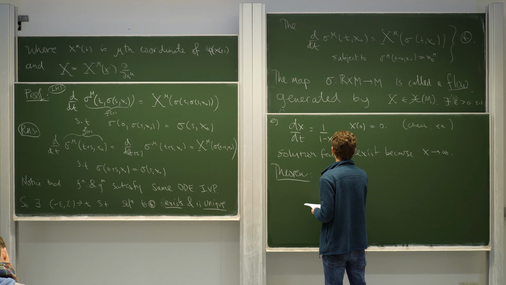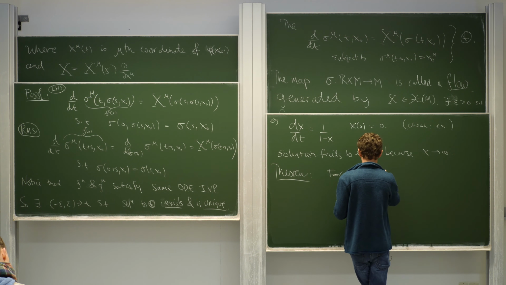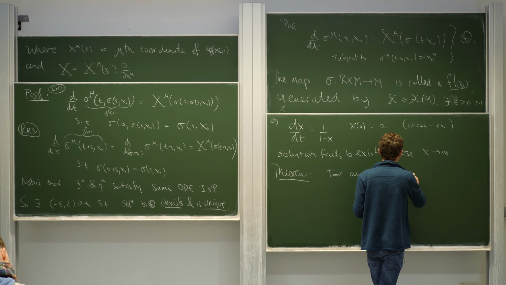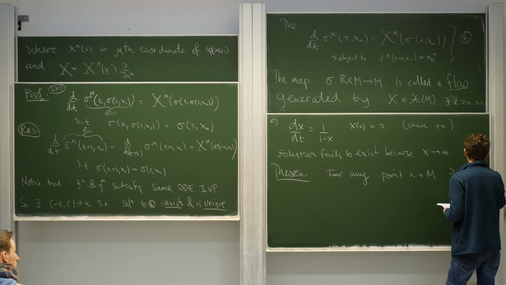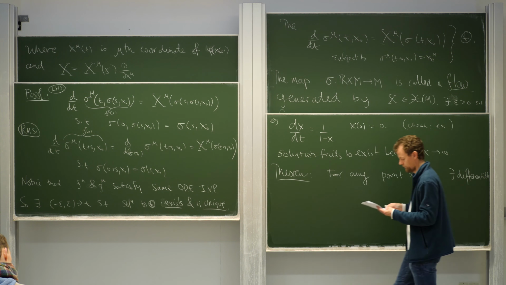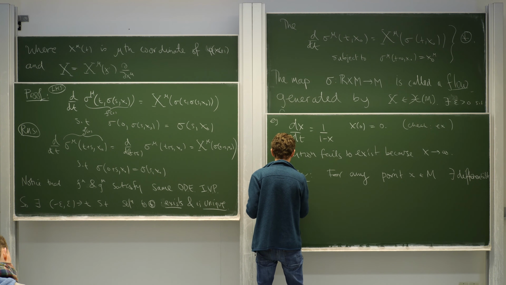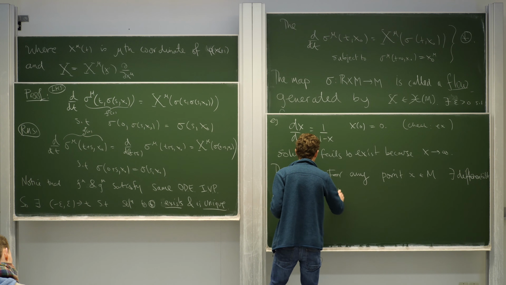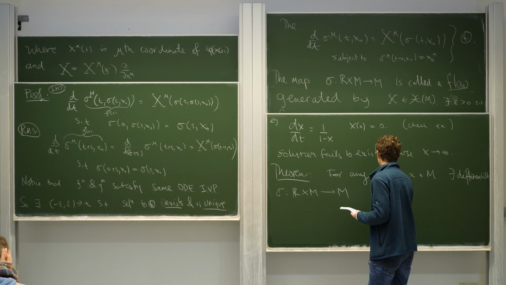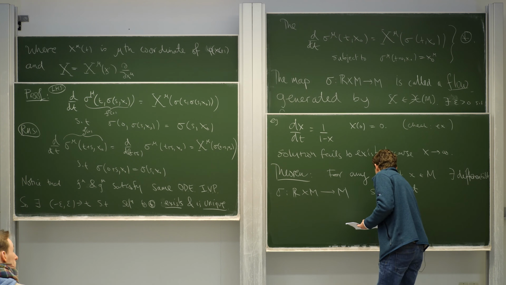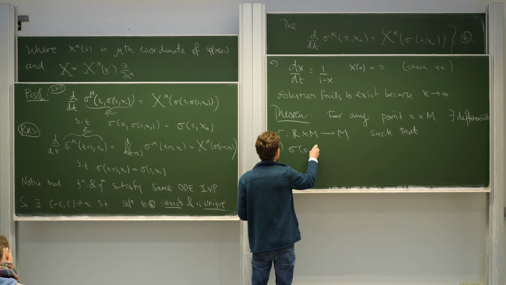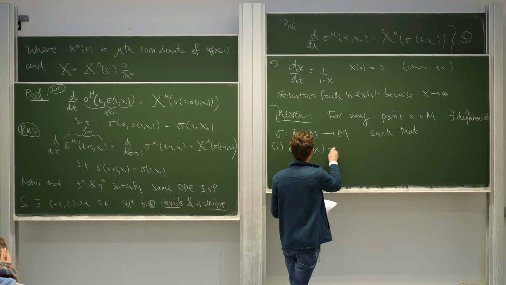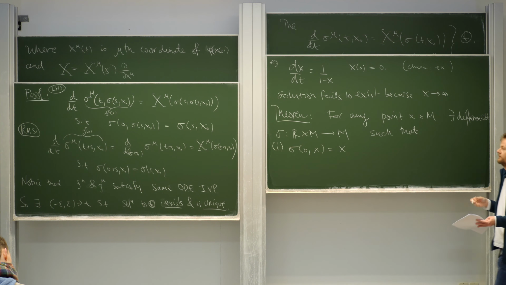So we're going to summarize all this in a theorem. For any point x in a manifold M, there exists a differentiable function sigma going from R cross M to M such that at time t equals 0, sigma(0, x) is just x, so it has the right initial condition.